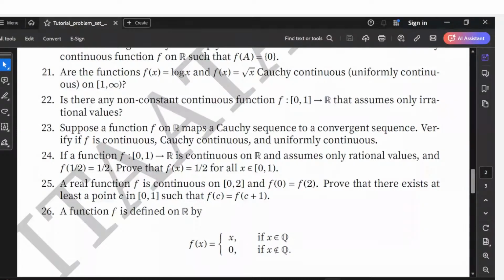Because if you have a non-constant function, then at one point you have a non-zero value, and at some other point you have, let's say, the zero value, and between those two numbers there is a rational, and by the intermediate value theorem the function should assume that value. Therefore you cannot have a non-constant continuous function that assumes only irrational values.